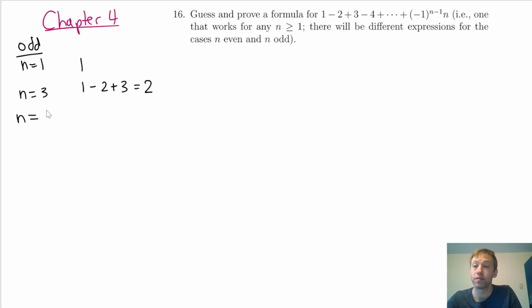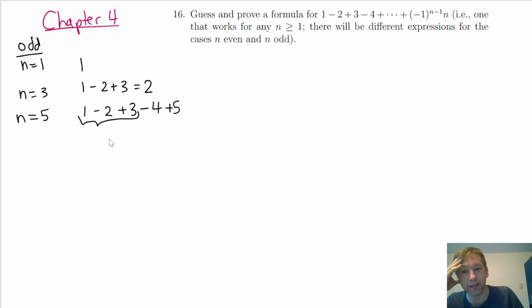For n equals 5, I've got 1 minus 2 plus 3 minus 4 plus 5. Now let's try to be a bit clever here. I already know the answer to part of this: 1 minus 2 plus 3, I already computed previously, is equal to 2.